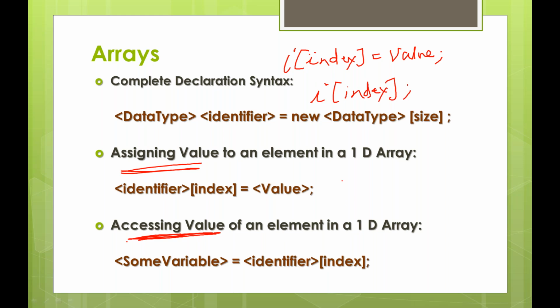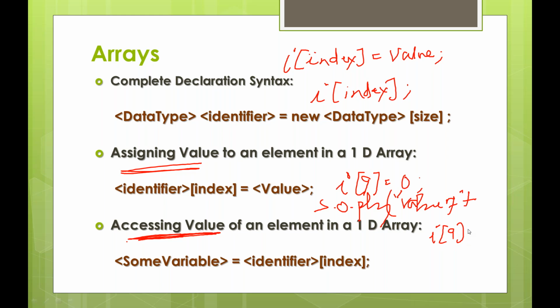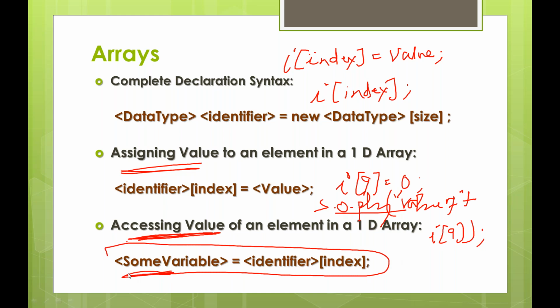For example, if I have I of 9 is 0, and I want to access it in System.out.println, I can say value of last value plus I of 9. That's it. This is how we access and assign it to some variable of the same type, and the rules we discussed yesterday apply.